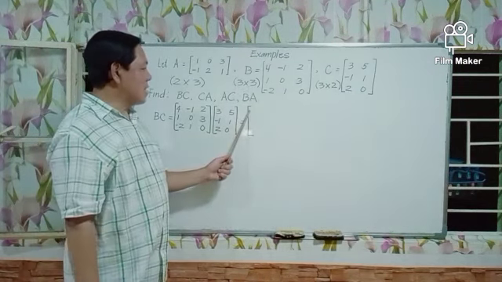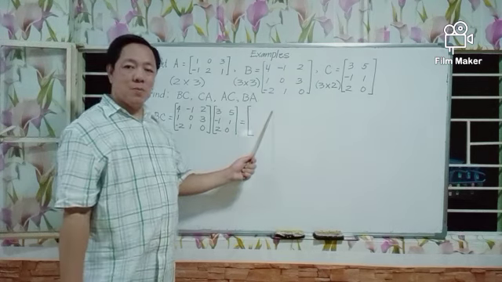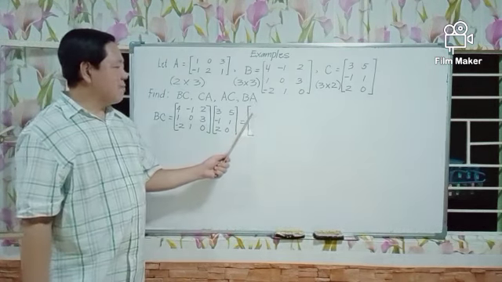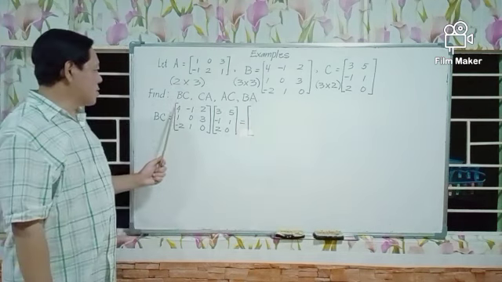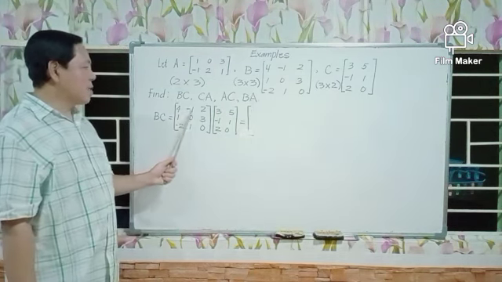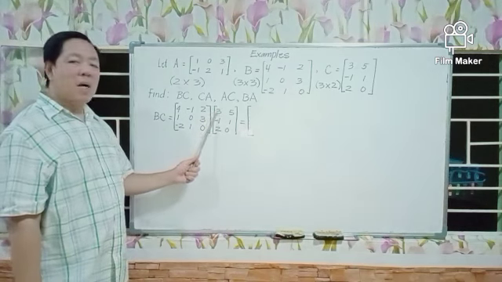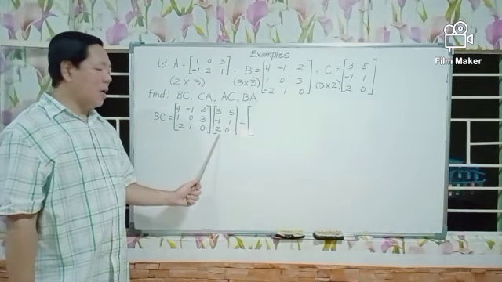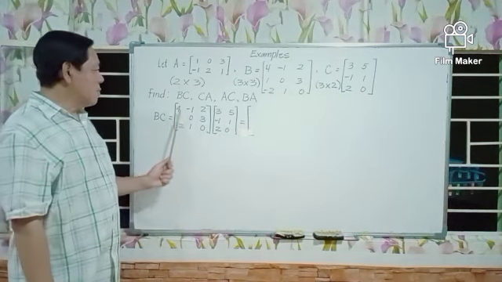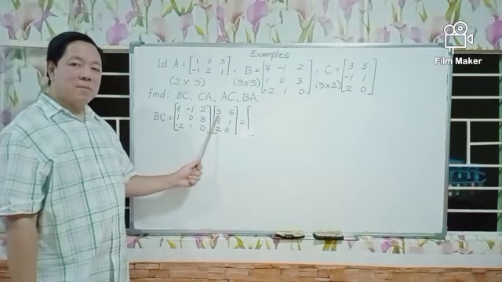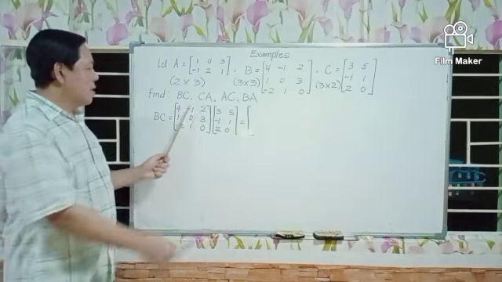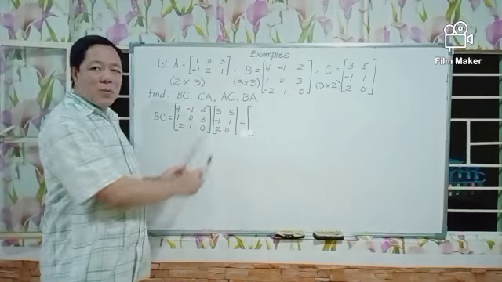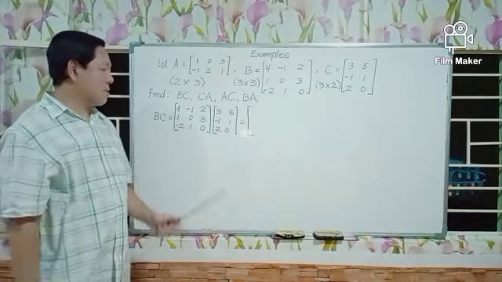We start with the entries of the first row. For the first row, first column, we multiply the first row, 4, negative 1, 2, by the first column of the second matrix. Multiply 4 by 3, multiply negative 1 by negative 1, and multiply 2 by 2, and add the products.